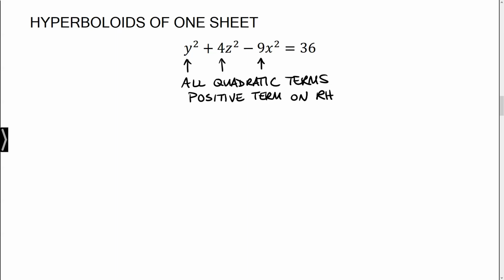But notice now we've got 2 positive and 1 negative. So exactly 2 positive on the left-hand side. That's how you know that you're in this case: the positive constant on the right, just quadratics on the left, 2 positive, 1 negative.